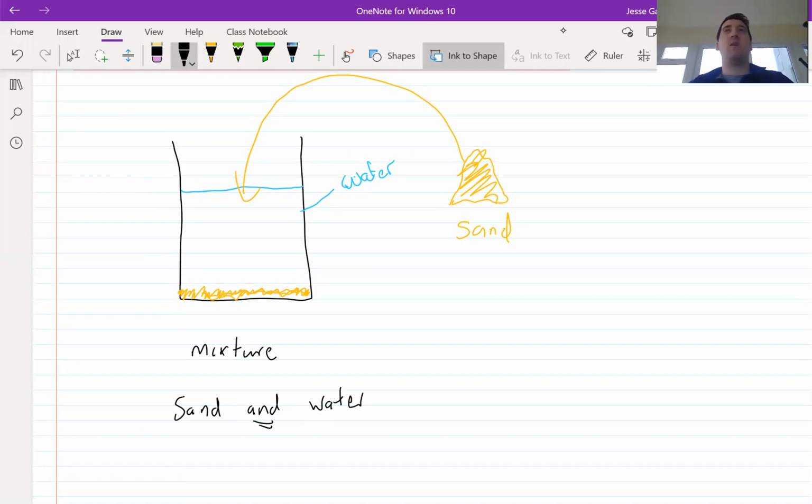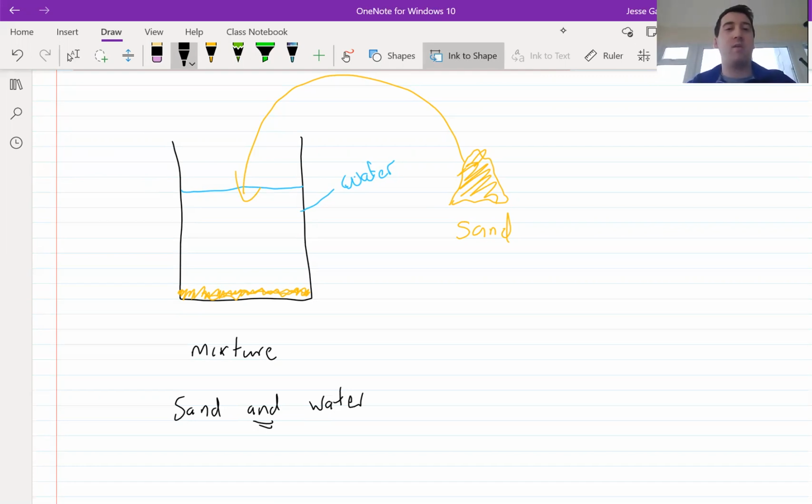So in that case, I've got a bowl of popcorn and the M&Ms. I haven't made a new substance, which is like a compound of M&Ms and popcorn. It's not like there's a new thing I've just made. It's just a mixture, and it's really easy to separate them. I can literally pick the M&Ms out, or I can pick the popcorn out. So mixtures tend to be really easy to separate.